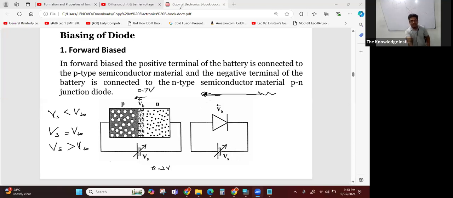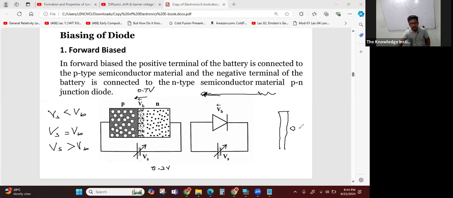I got a concept here. In tug of war, let's say it's between you and your friend. You are pushing this side with 2 Newton, and your friend is pushing that side with 7 Newton. So it won't come to your side, right? Likewise, here it's like a barrier voltage. This barrier is like a wall, right?